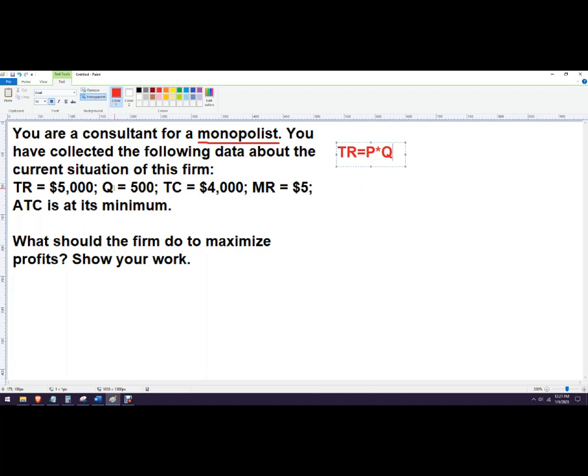In this case, the price had to have been 10, because if I say 5,000 is equal to P times 500, and then just divide both sides by 500, P is equal to 10. So the price for this firm is 10.